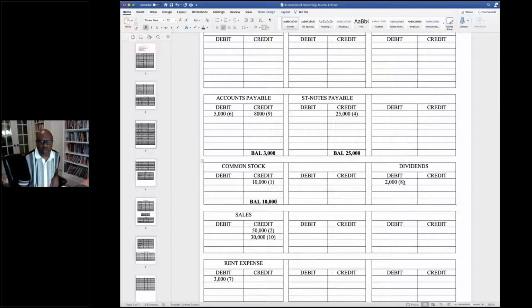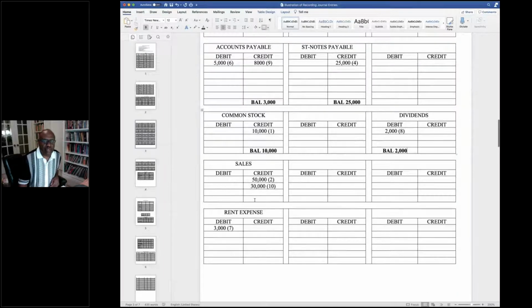Dividends, we had one transaction, $2,000. Sales, we had two transactions, so we can add those up. And that's going to be 80,000.